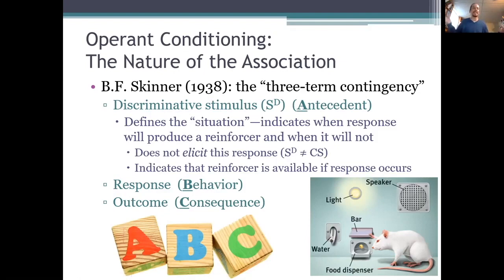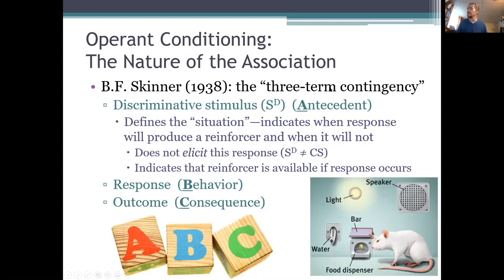They call it the antecedent because an antecedent is something that comes first, right? An antecedent is something that precedes something else, okay? So before you perform the behavior, the discriminative stimulus is already present, right? That's what makes it an antecedent. It precedes the behavior. And then after the behavior occurs, then the consequence occurs, okay?